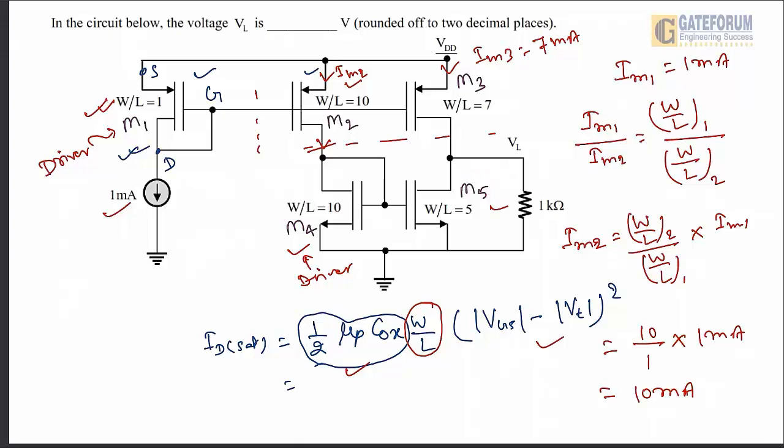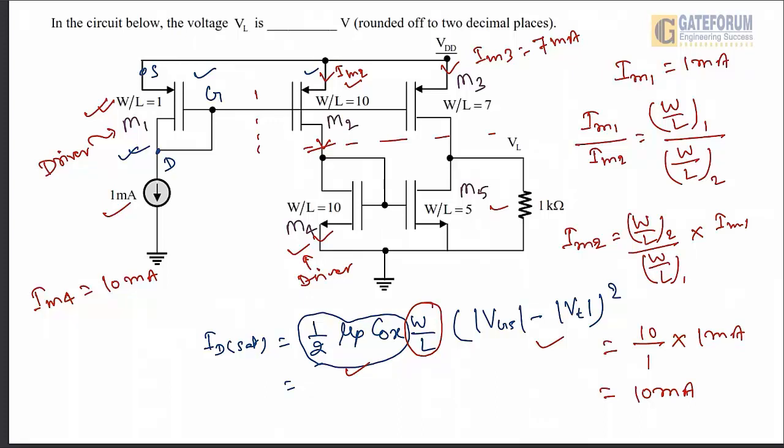It means whatever current flows from the source, the same current flows through the drain of M2, and the same current passes through M4 also. So IM4 will be 10 milliampere.